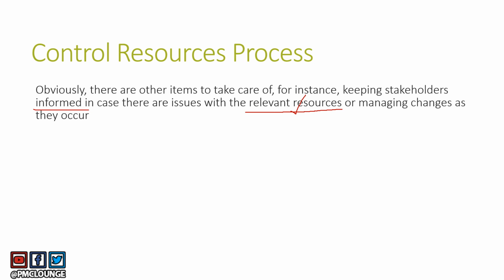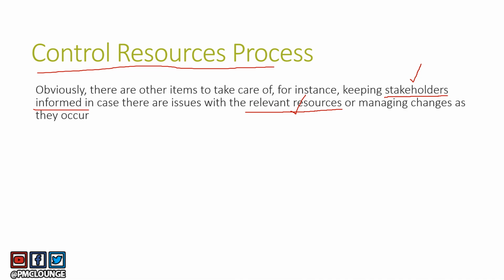Now, if you have issues with it, you will obviously contact the IT department, but you also need to let the project sponsor know, because he or she is a very important stakeholder in the grand scheme of things, right? So you have to make sure as part of the control resources process itself that you are keeping your stakeholders informed about the status of the resources, what's happening with the resources, right?